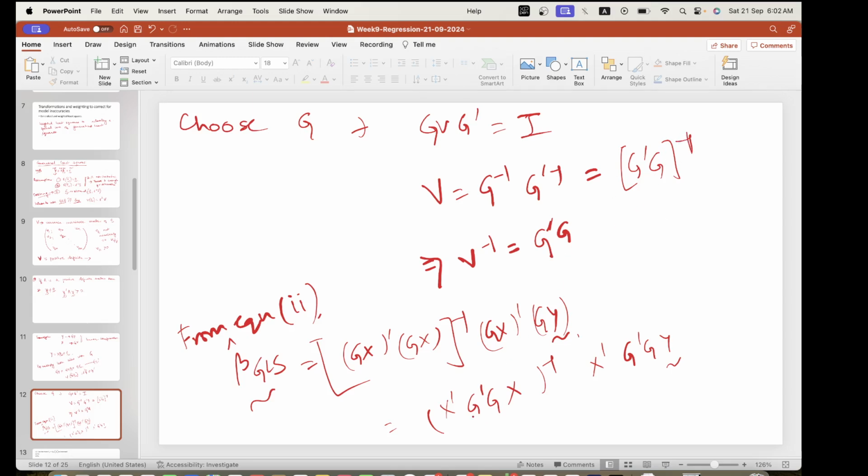So here we have G transpose G as X transpose V inverse X inverse X transpose V inverse Y. So this is actually beta hat GLS.